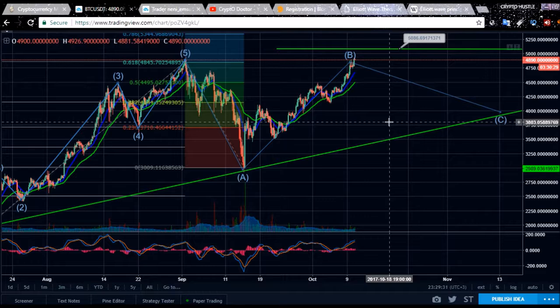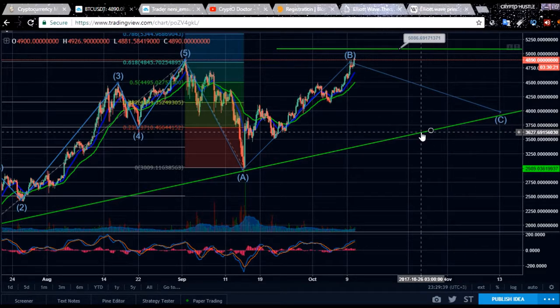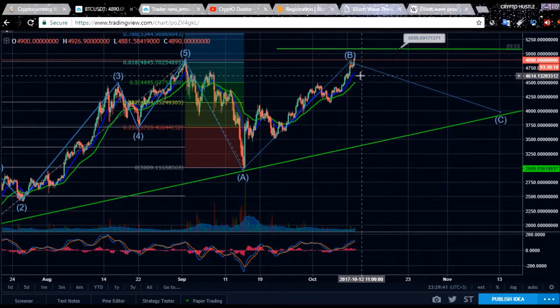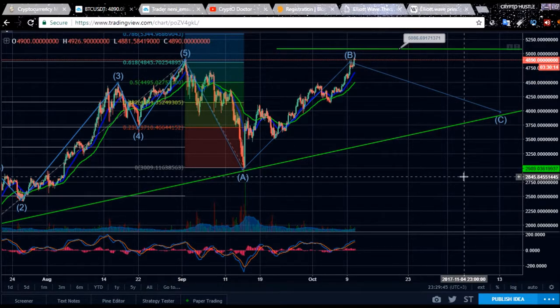But now this might not be the same distance from B to C as described here, but I look at this as a compromise. Now the markets might not trend as low as, because if we are to calculate this distance, we should expect the markets to go as low as 3,000 or even 3,100, but that might not be the case.